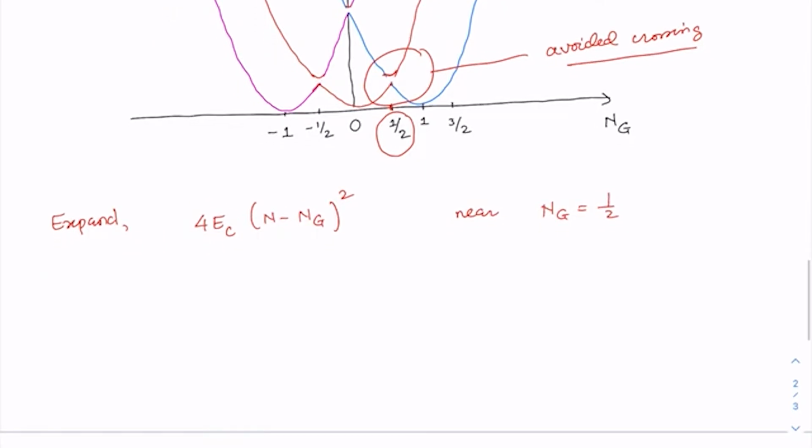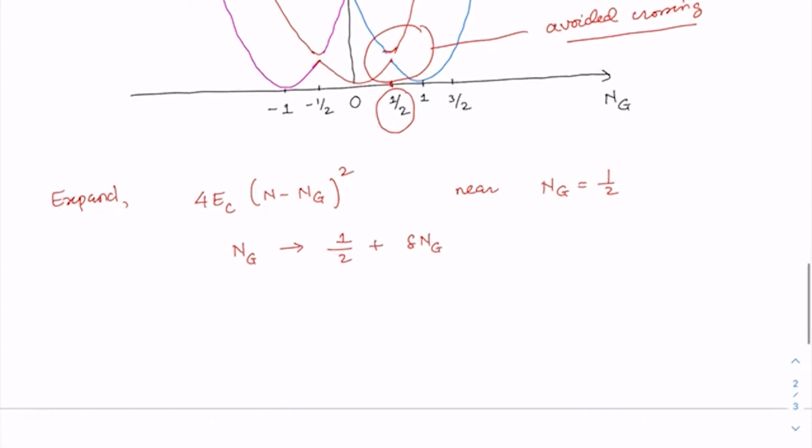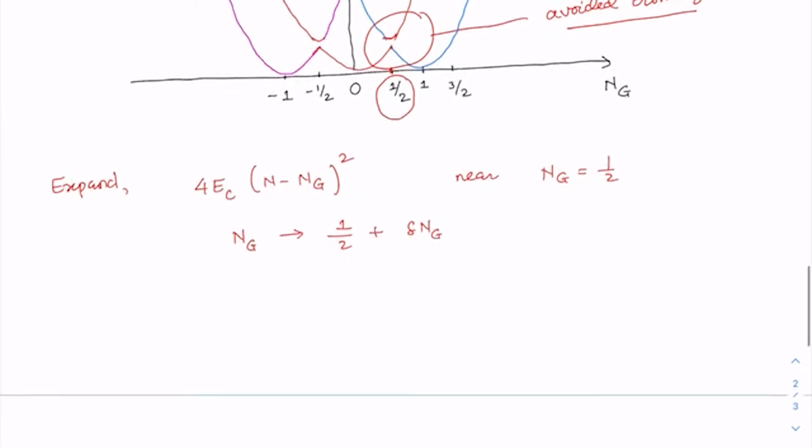Let us replace N_g by half plus some deviation, so delta N_g is the deviation from N_g equal to half. Then we can write (n minus N_g)^2 equal to (n minus half minus delta N_g)^2.